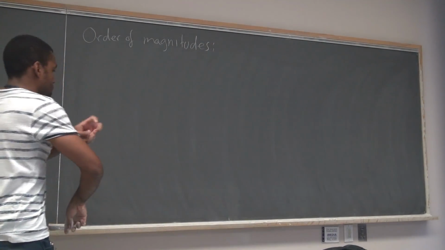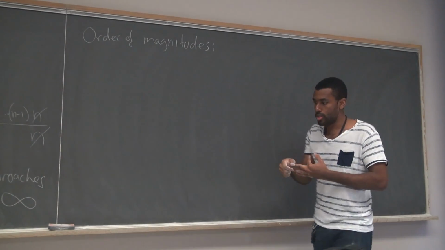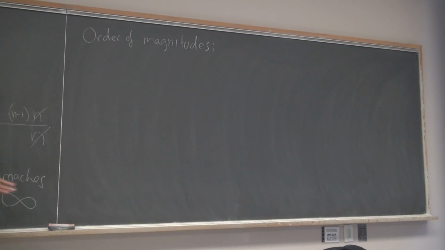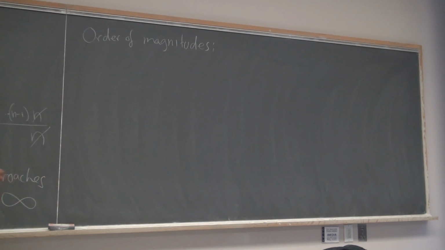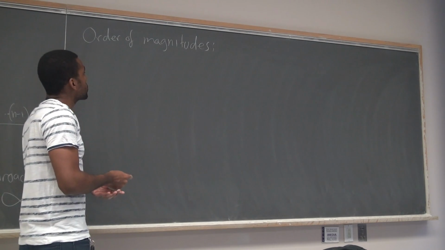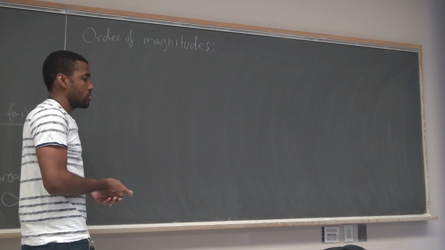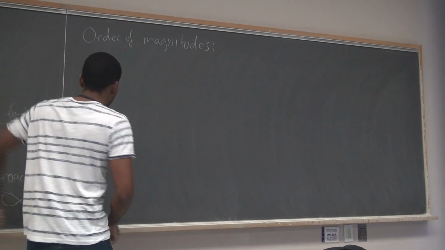There are a bunch of functions that we learned about: logs, exponentials, polynomials, factorials, and now this new guy, the varying exponential. How do they relate to each other? Who's the biggest, who's the smallest? Basically put them in order of who would win in a fight if you're taking the limit to infinity.